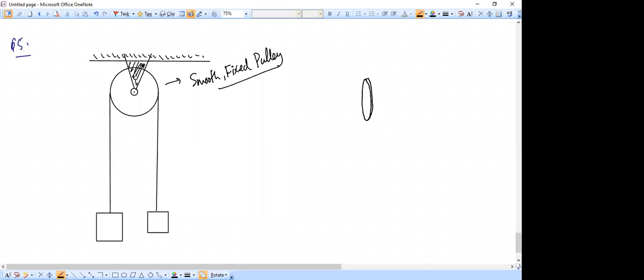It has this kind of a structure typically, and it has an axle. This is the axle, and this is the surface of the pulley on which the thread is bound typically.